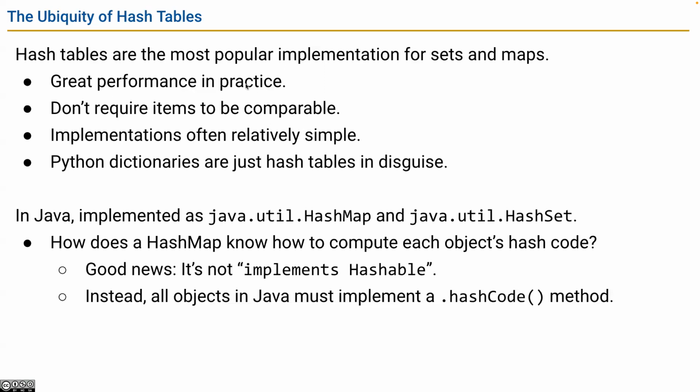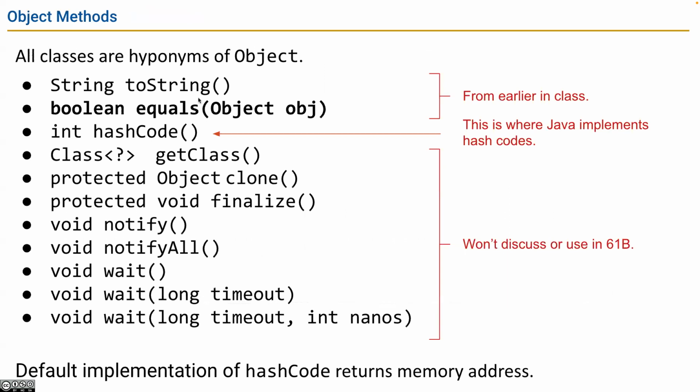In Java, they're called HashMap and HashSet. One interesting question is that our data structures have to know how to compute each object's hash code. Unlike comparable, it's not like you implement hashable. Instead, hash codes are so important, as with Python, that every single class has a hashCode, no matter what. In fact, it's one of the operations.